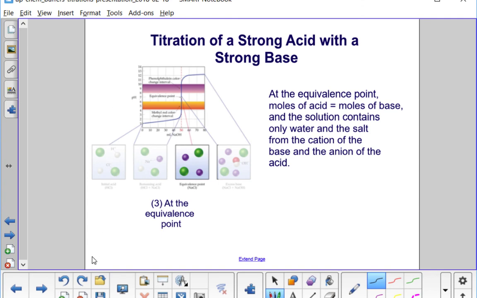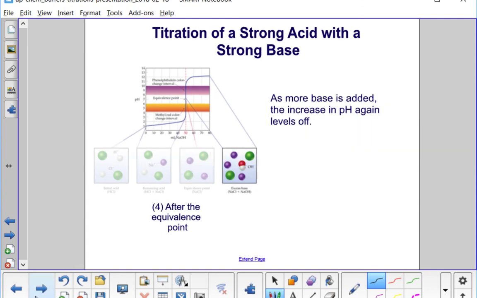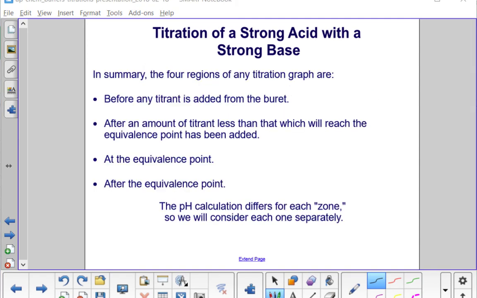Okay. Then finally, if you continue to add more base, then the pH will continue to increase rapidly at the beginning and then level off. So to summarize one more time, there are 4 regions of any titration graph.